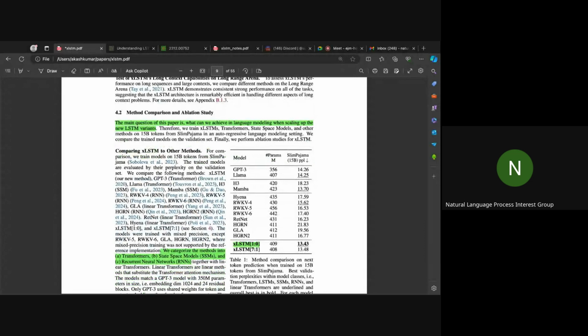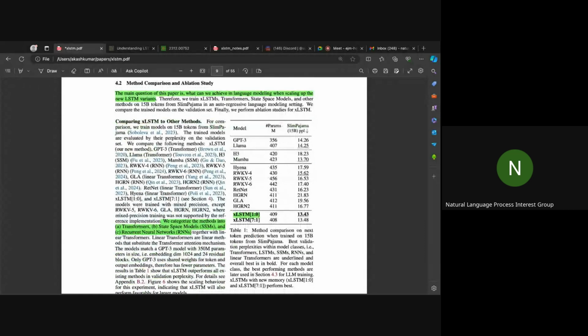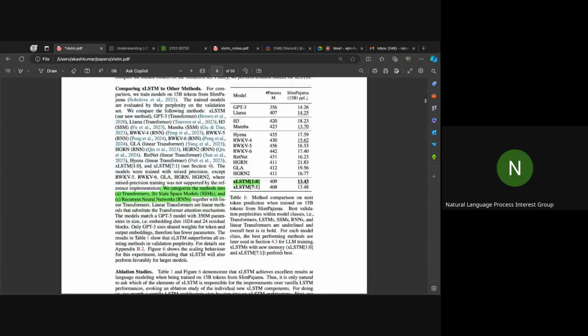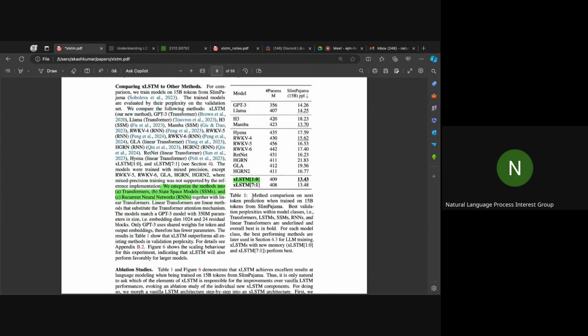And now talking about the original question: can LSTM architectures or the braided LSTM architecture perform as well as the transformers when it comes to language modeling related tasks? Let's look at this table. Here they're trying to compare the perplexity of the model after training on 15 billion tokens from the Slim Pajama data set.